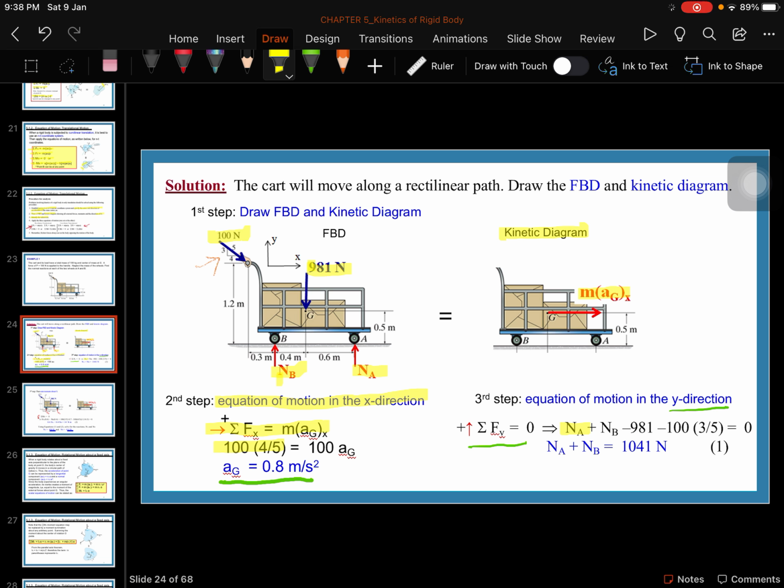Normal force at A plus normal force at B minus the weight, and also minus 100 times 3 over 5 equals 0. Next, you get the equation NA plus NB equals 1041.